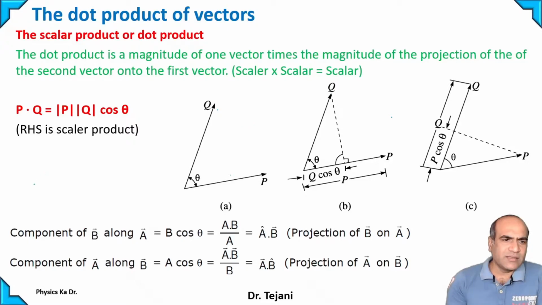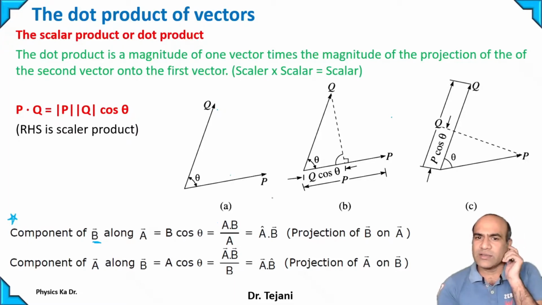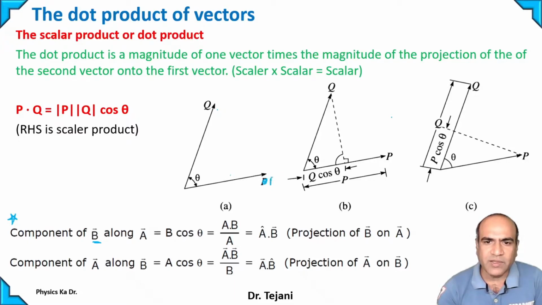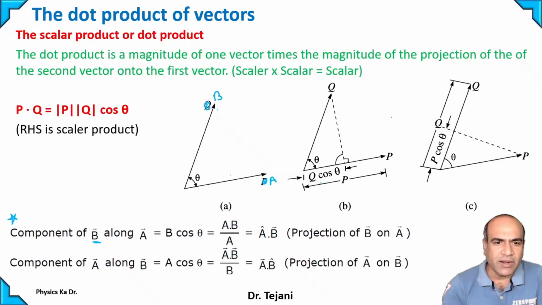Now sometimes in the exam, you may have questions like the component of B along A bar. Let's take A and B. So you just need to take the projection. Component of B means its projection.